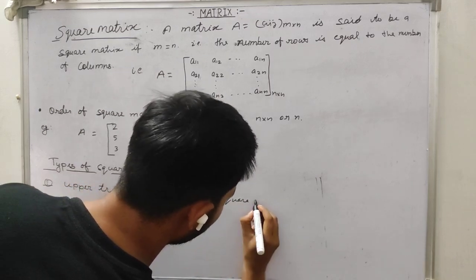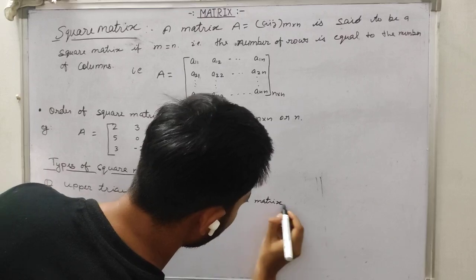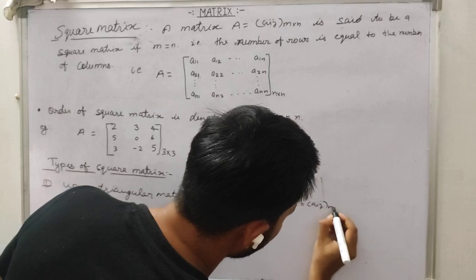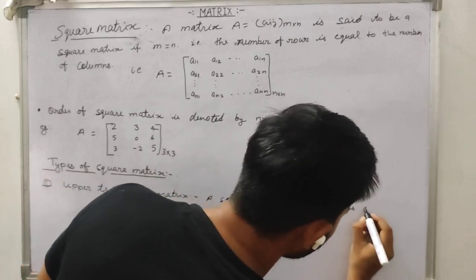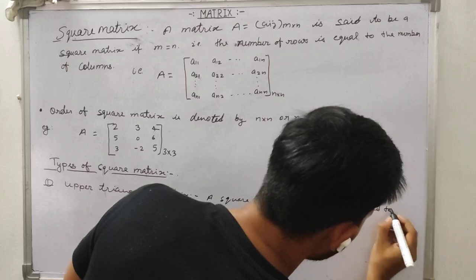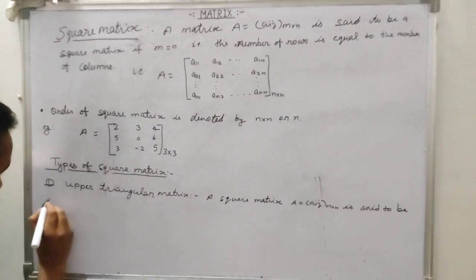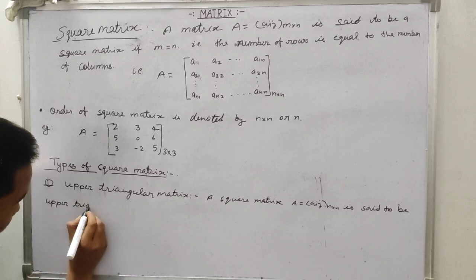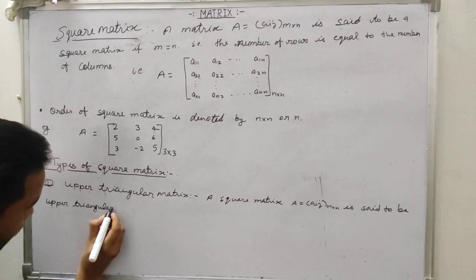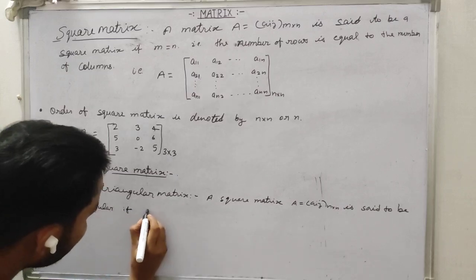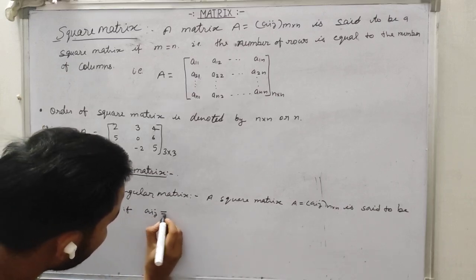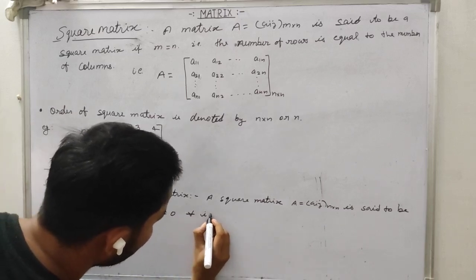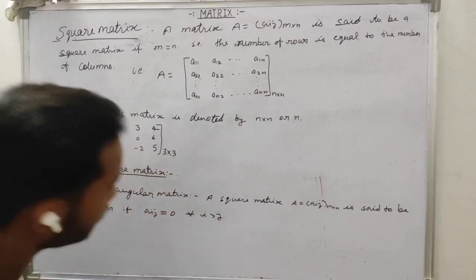A square matrix A, n cross n, is said to be upper triangular if Aij is equal to 0 for all i greater than j.